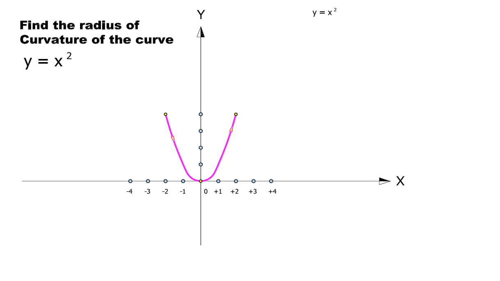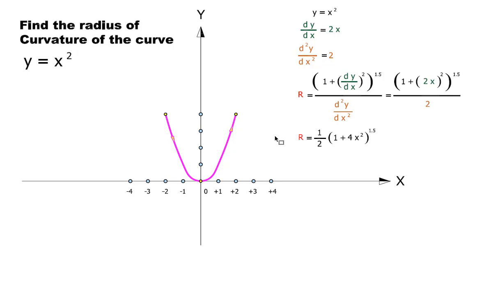So let us find the radius of curvature of the curve y equal x square. First we find the first derivative, and after that the second derivative. We substitute in the radius of curvature formula and we get this relation. So at point x equal to 0, we get R0, radius of curvature, equal to 0.5.